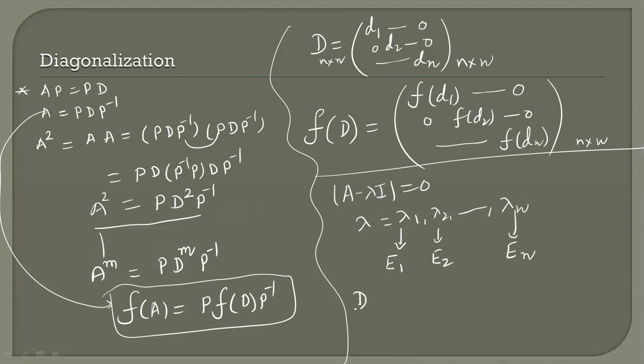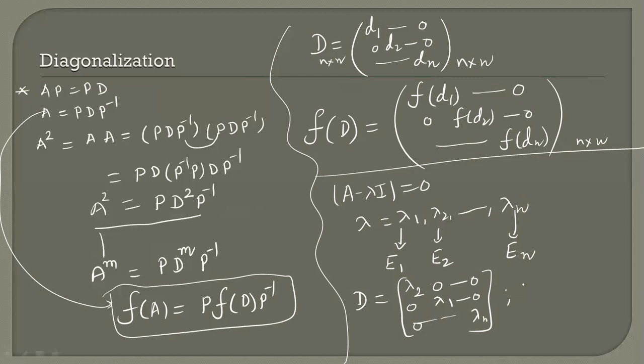Then if you write the diagonal matrix, you have many ways to write it, because the eigenvalues are not in any order. You can put lambda 2, lambda 1, lambda n. Suppose I take lambda 2 first, then 0, 0, 0, lambda 1, 0, 0, 0, lambda n.